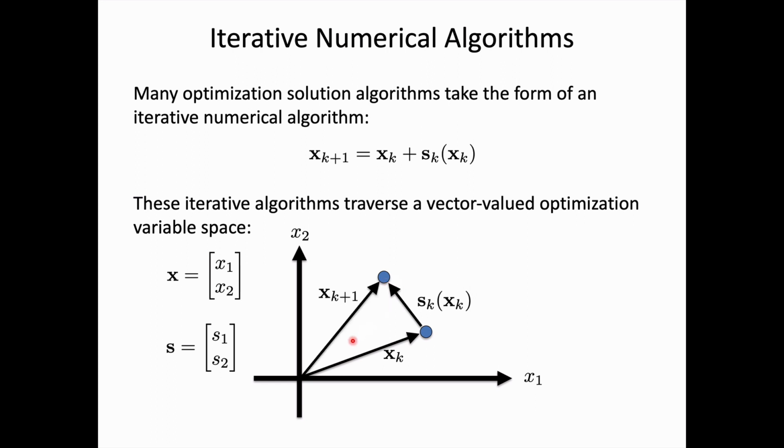And this new point we can think of as a vector on its own, and that's going to be xk+1. And just using the rules of vector addition, we can see that, in fact, this is the recursive formula that we're using as the basis for many of our optimization algorithms.